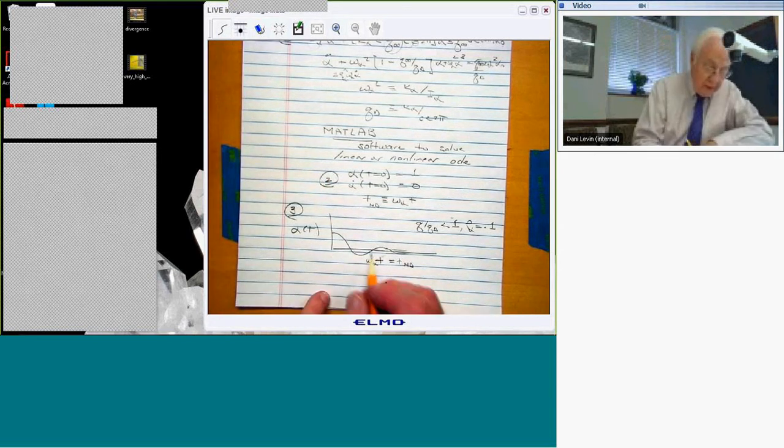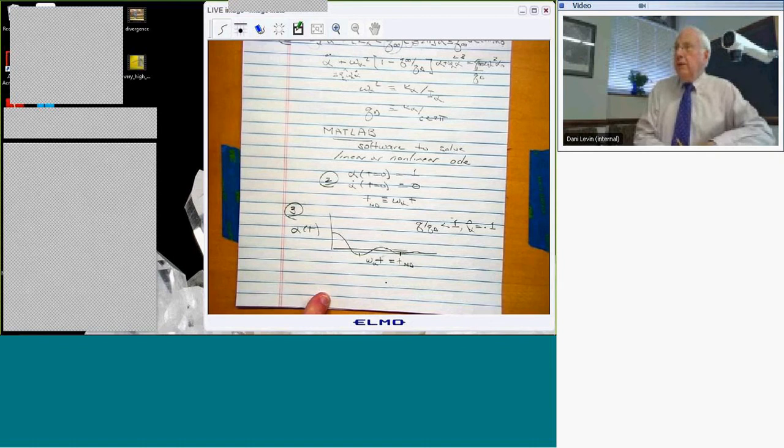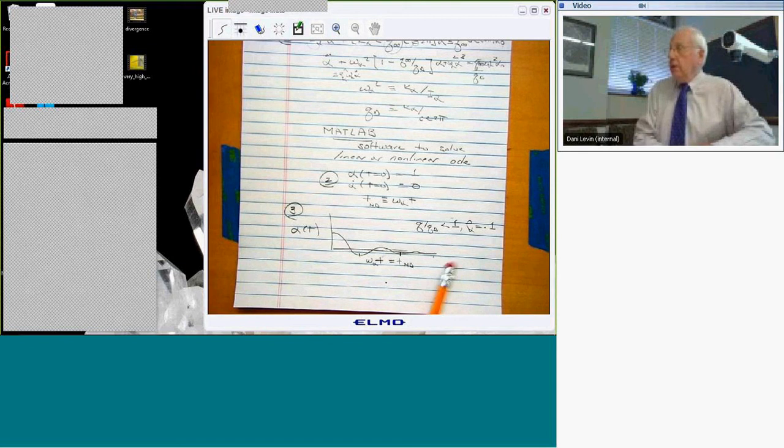And by the way, I can think of this from here to here. That's a period, right? What's the period equal to, do we think? Based on linear theory. It's not going to change much due to the nonlinear term. It'll change a little bit, but not much. What's it going to be equal to?